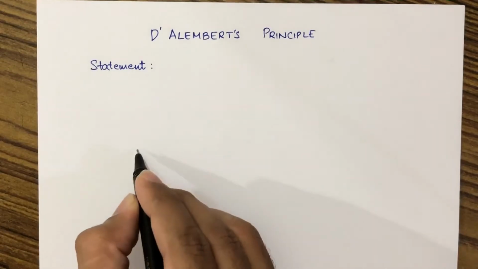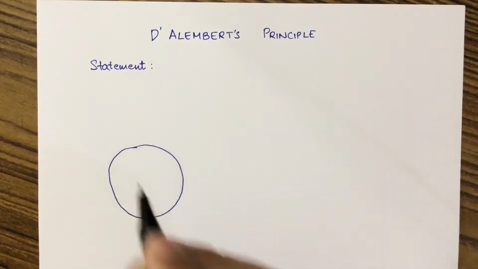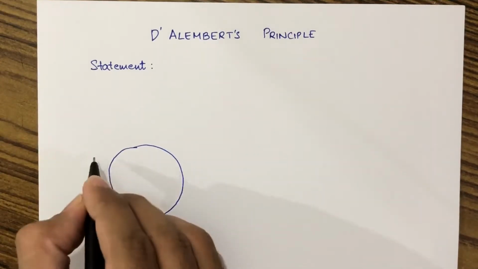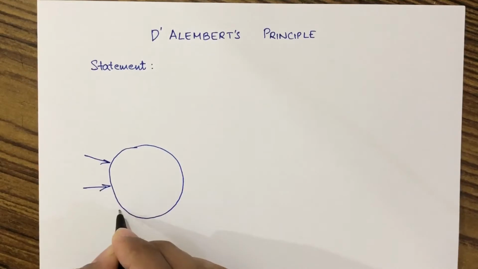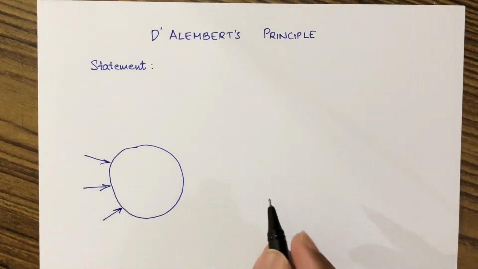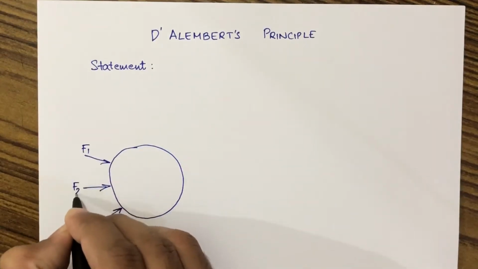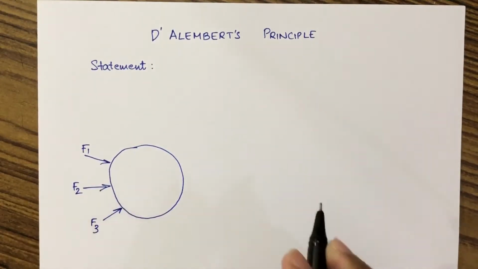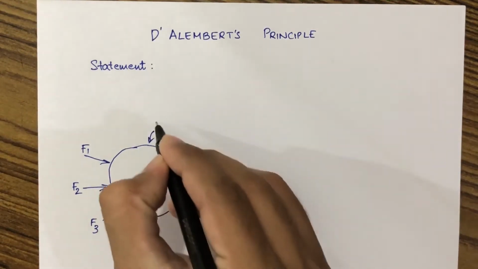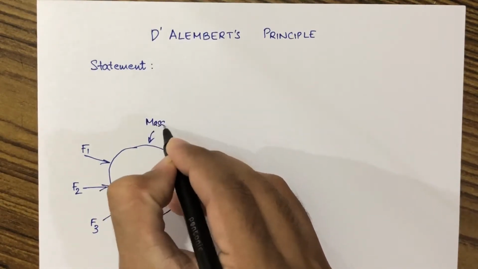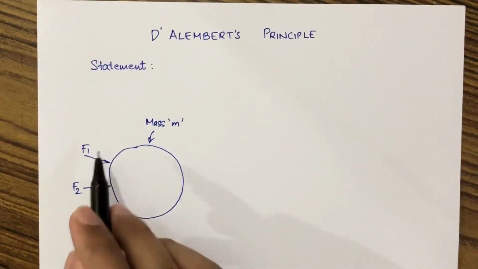Now consider that this is a body, and this body is subjected to a number of forces. Let us say that it is subject to three forces, F1, F2 and F3. Let us say that this body has a mass m, and it is subjected to these three forces.